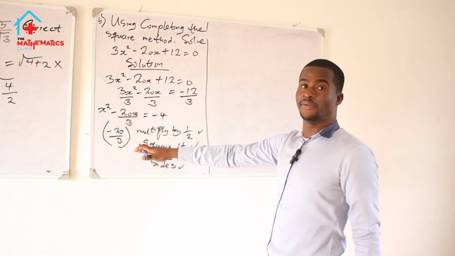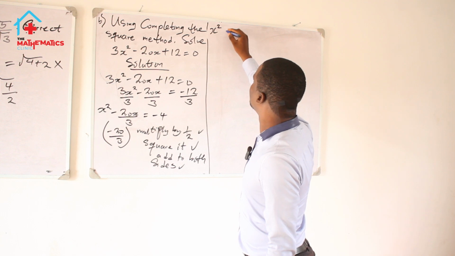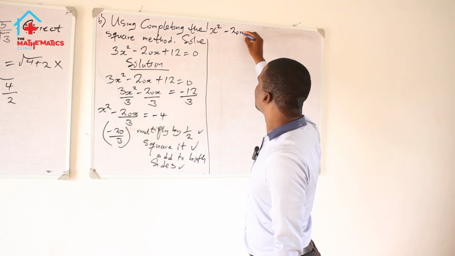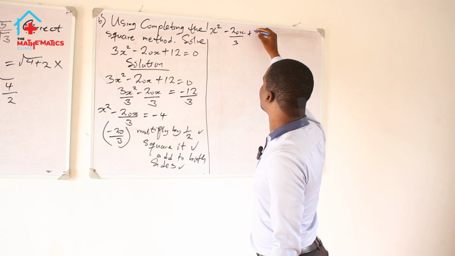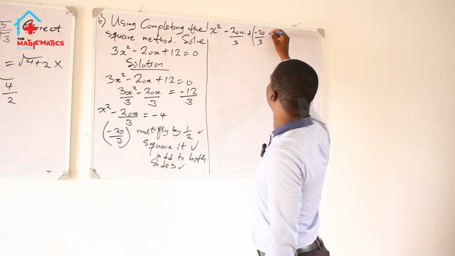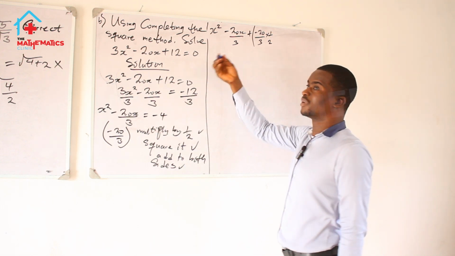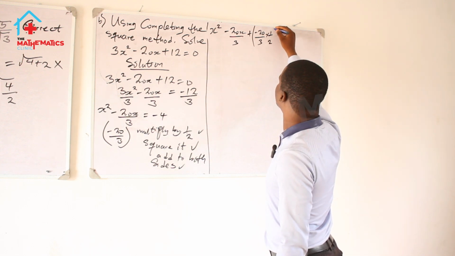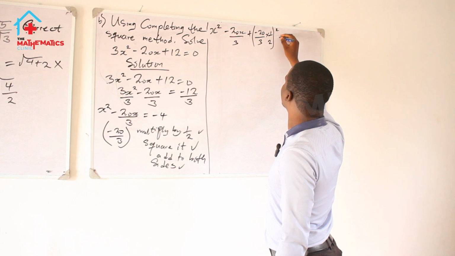So let's carry out this operation. So we have x squared minus 20x over 3. Remember, you add to both sides, right? Add minus 20 over 3 as the coefficient of x multiplied by half. Some will say divide by 2, the same thing. So you square the result and add to both sides. Let me simplify this.